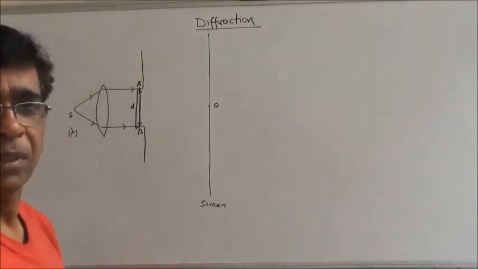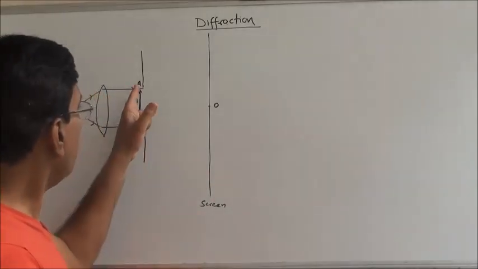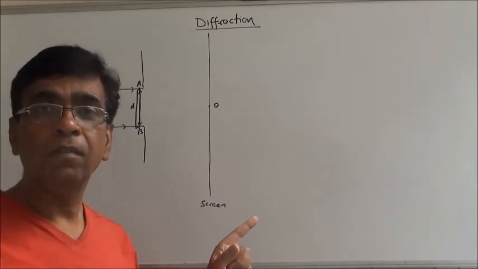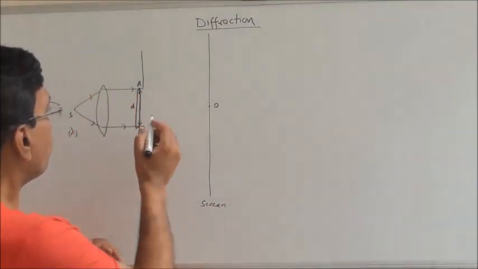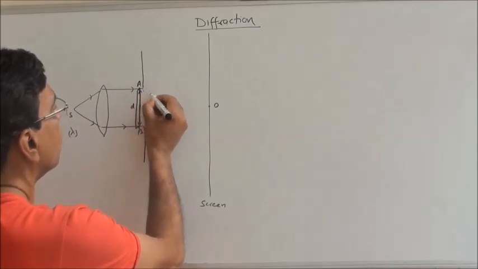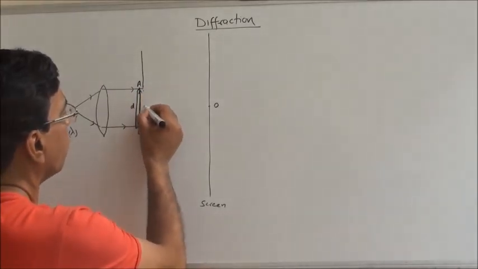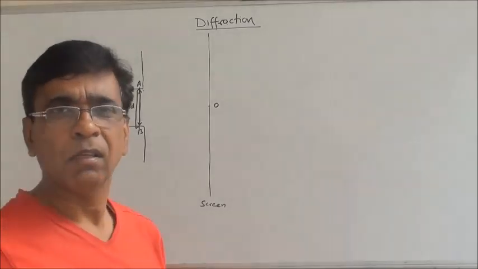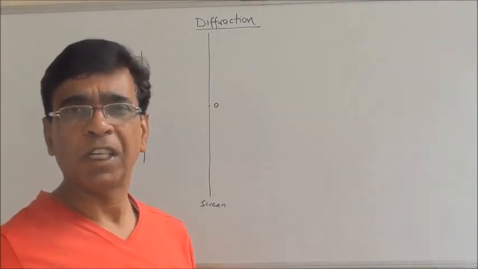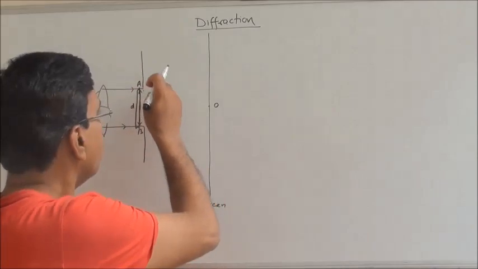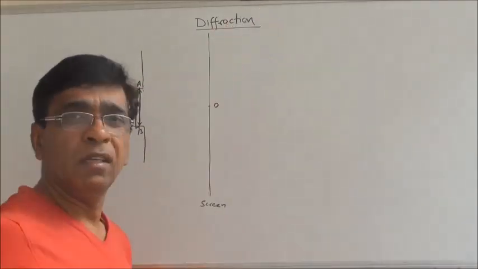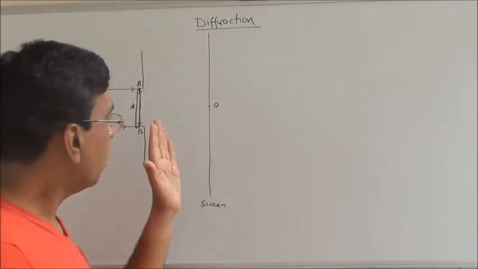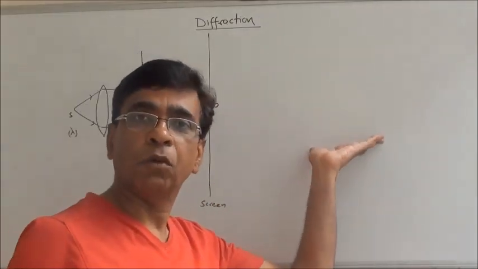Now Huygens principle says that every point on this primary wavefront will give secondary wavelets. So from this point, and this point, every point between A and B, a large number of points we can assume, all of them produce secondary wavelets, and then they interfere and give us the pattern that we have shown.